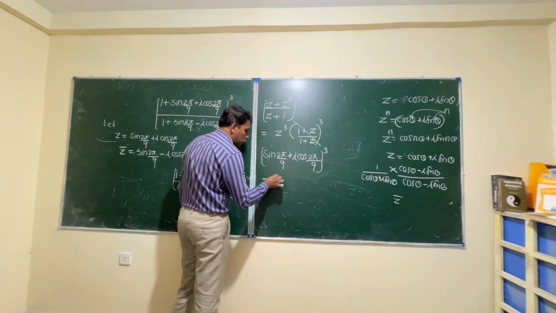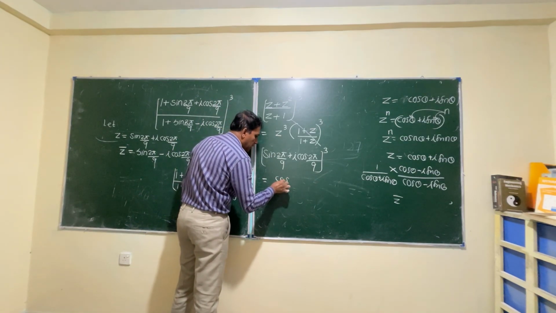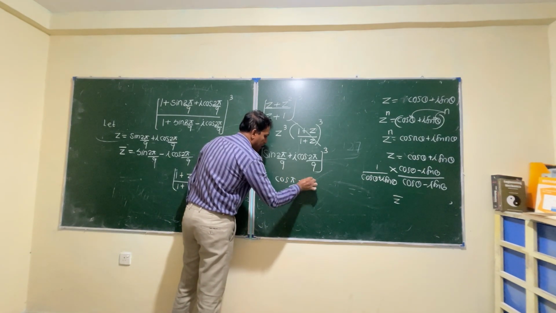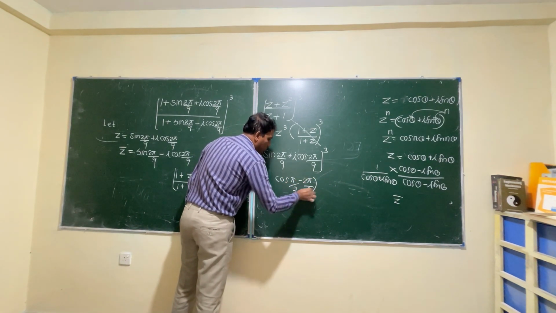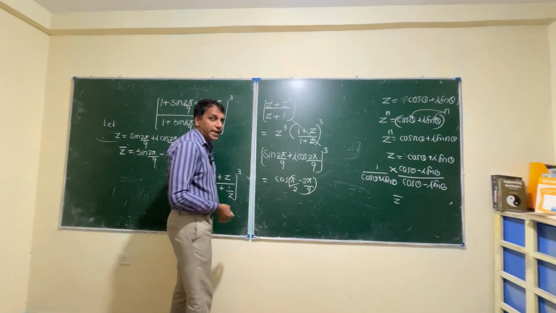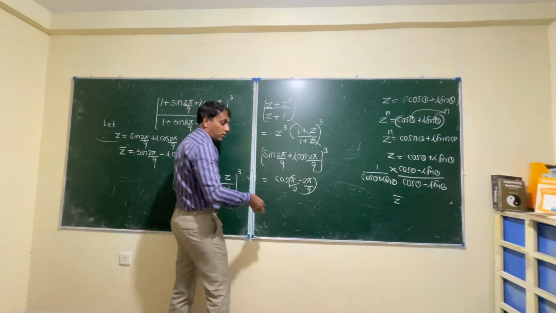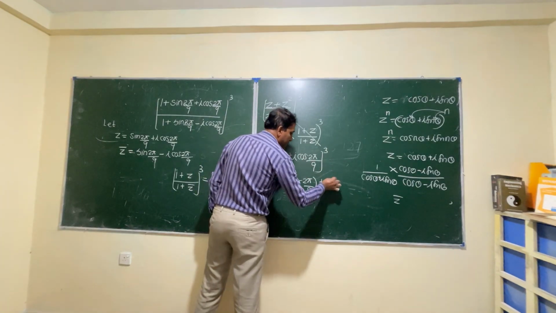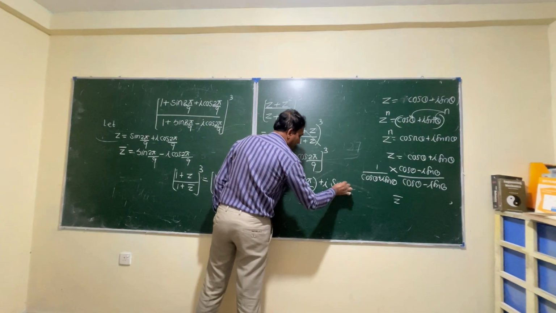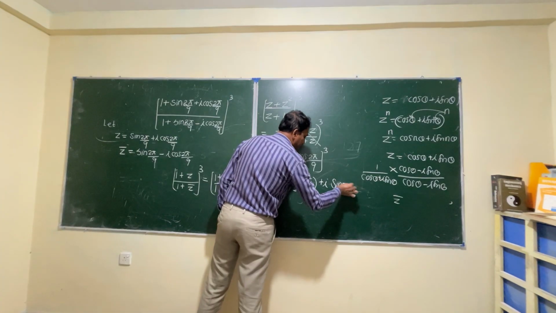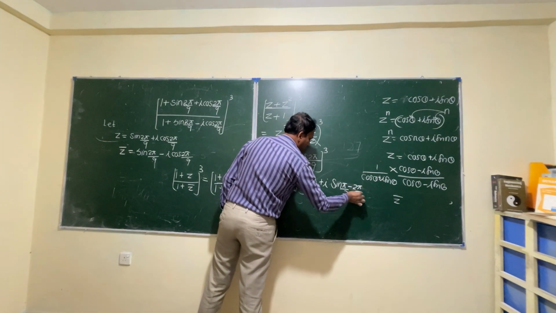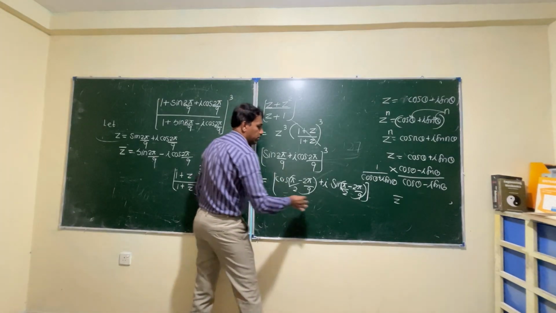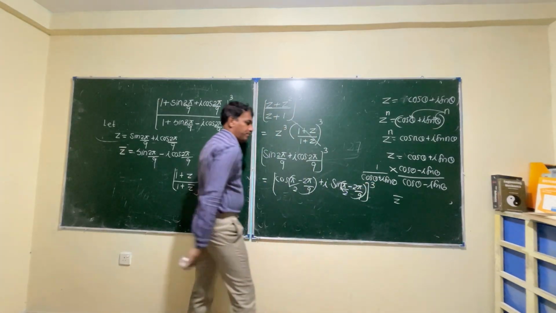Should I write sin, or cos of 90 minus theta, students? We can write it like that. Cos of 90 minus theta is sin theta, right? Plus i into sin of 90 minus theta, okay? And completely to the power 3.